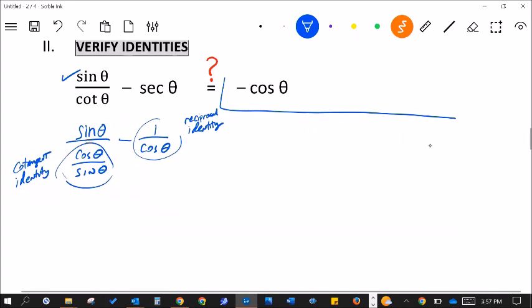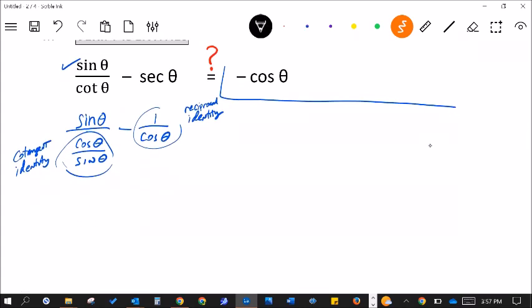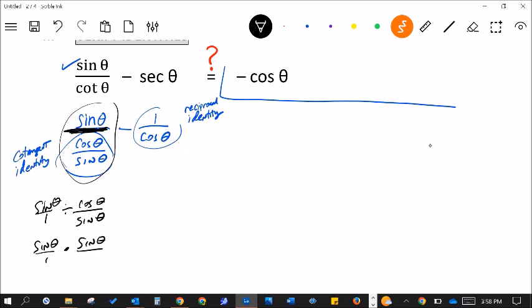Now that we've done that, we have to think about what else we can do. One of the easiest things to work with is this one because we have a fraction. Well, not everyone says that they're easy, but they're actually possible. Think of that sine of theta as sine of theta over 1, and we are dividing by cosine theta over sine theta. But when you're dividing fractions, what you're actually doing is multiplying by the reciprocal.